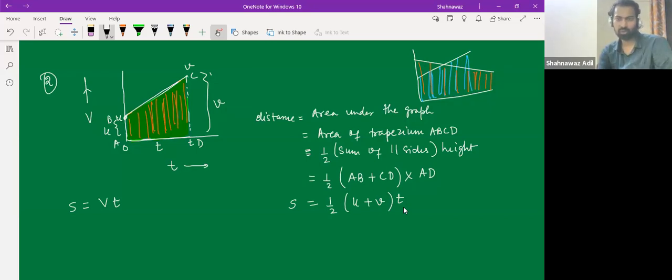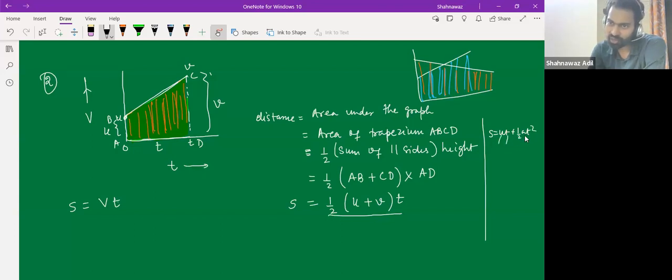So in here you have u, t and v, and the equation that we want to prove is ut plus half at square. Do you have v in this equation? No. So we have to take care of this v.